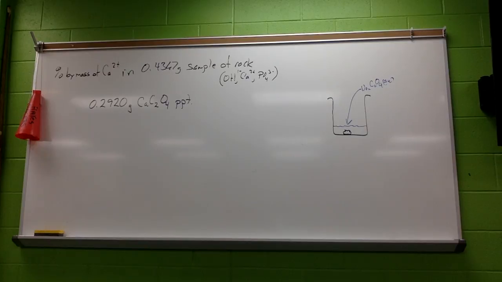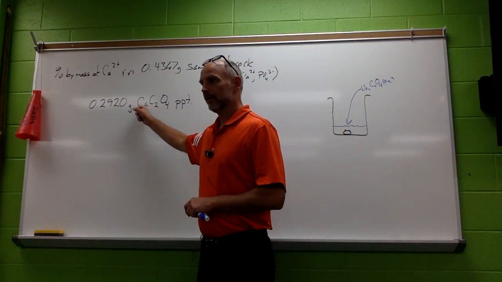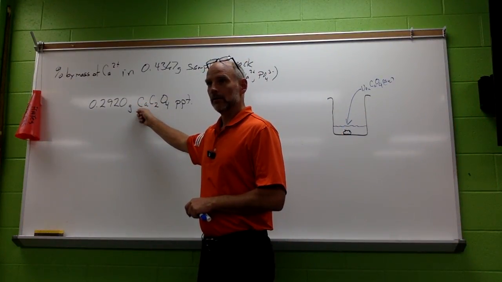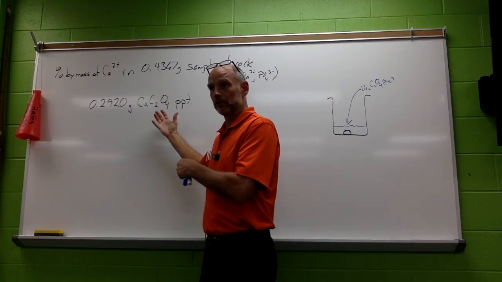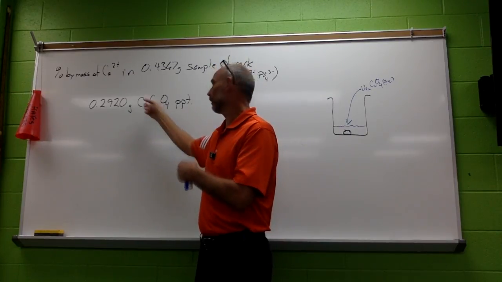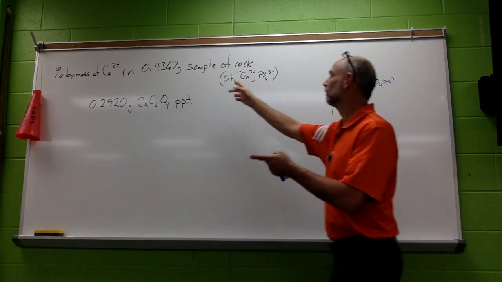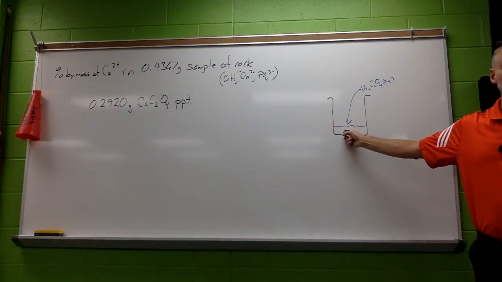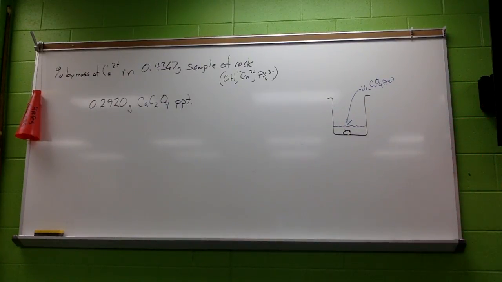And then where did the carbon and the hydrogen come from? From the original compound. Well, this time we're looking for the calcium that we precipitated out, reacted, and we have a product. Where did that calcium come from? The original sample. It's exactly like a combustion analysis problem. The process is exactly like it.